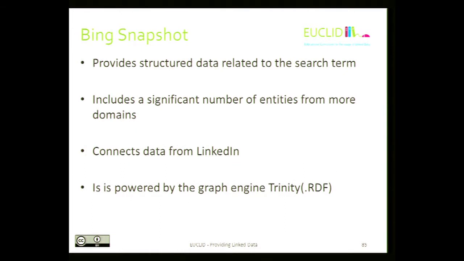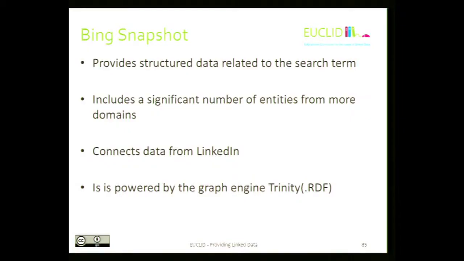So, an announcement while we've been busy preparing this material for Euclid is that Bing are now doing a very similar thing, bringing together data in a large knowledge graph. Even more bragging rights on the Microsoft side with Bing. The graph database where they store all of this data to drive their knowledge graph is itself somewhat compliant with RDF and with SPARQL. That's the Trinity database.